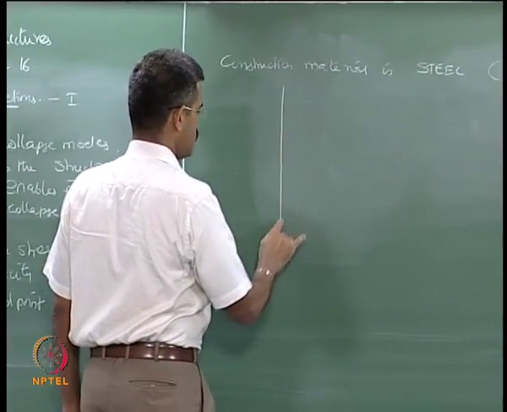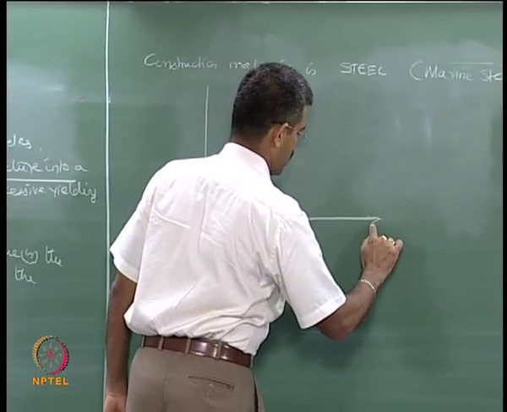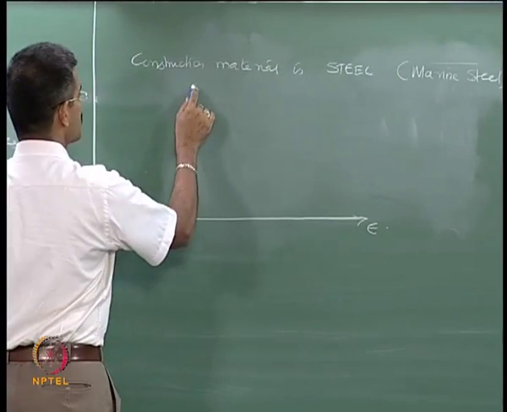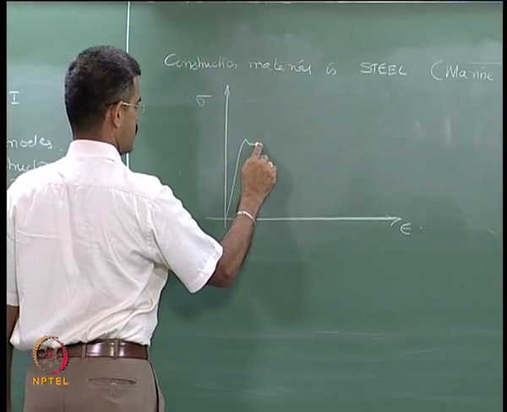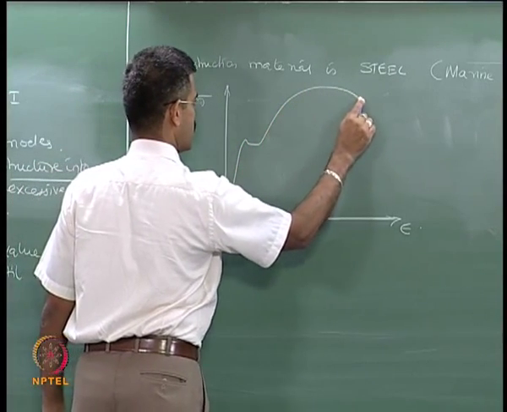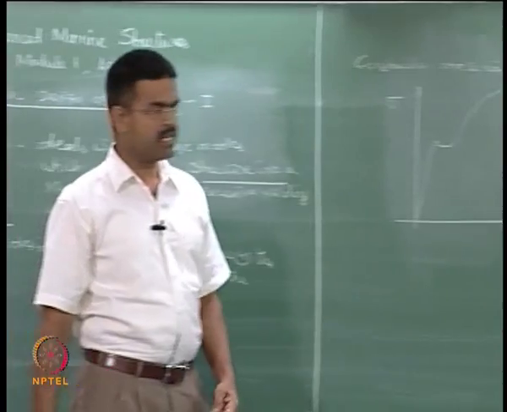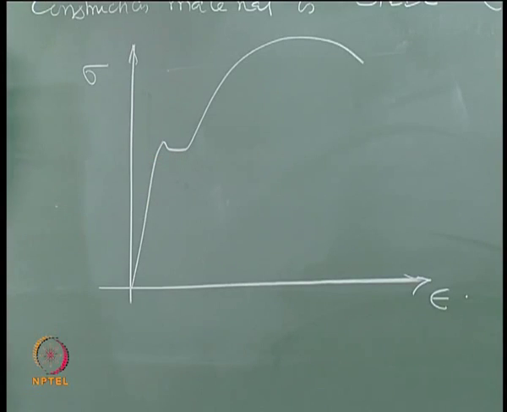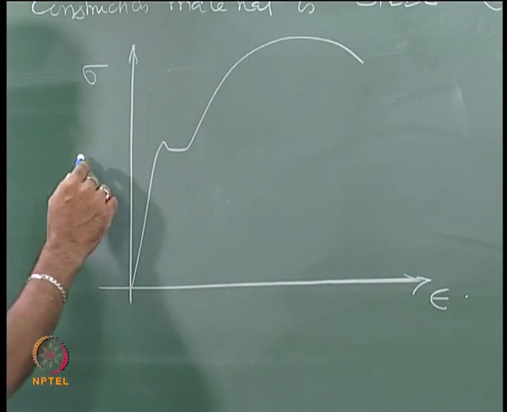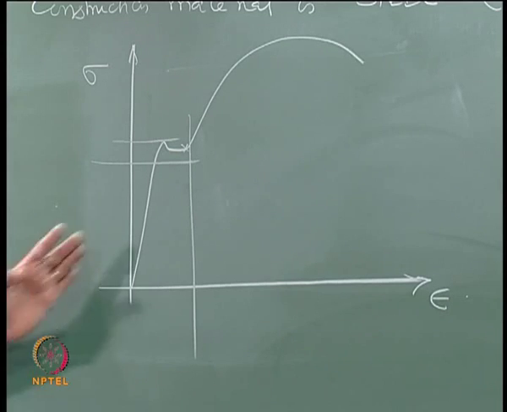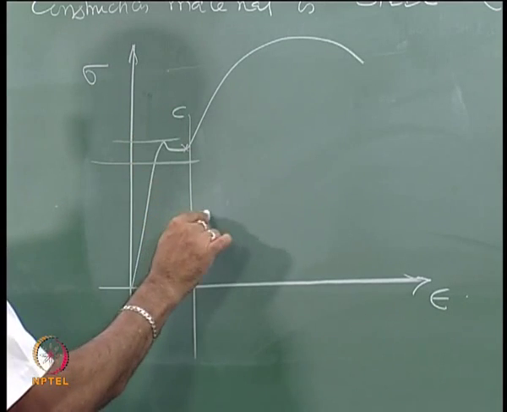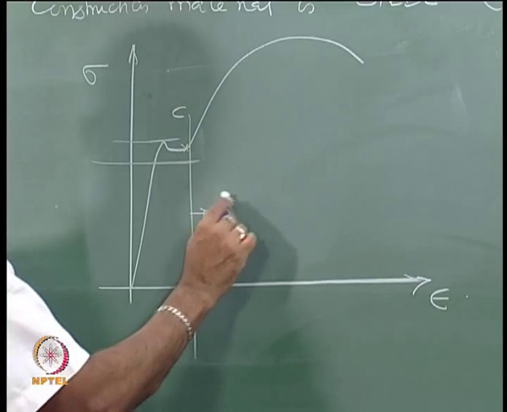We all know the conventional stress strain curve of this kind of steel looks like this. It has got a very distinct yield plateau where we call the lower yield point and the upper yield point, and if I say this is the point C, I should say that beyond point C the strain hardening starts.